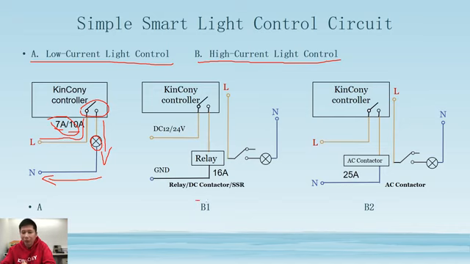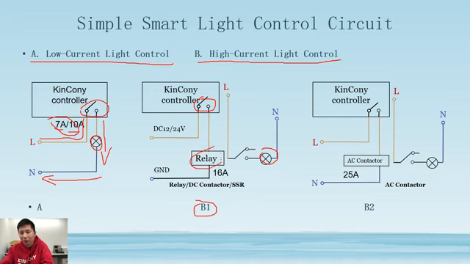And let's look at B1. This B1 is for the high current lamp control solution. You can see this time the KinCony controller's relay is not controlling the lamp directly. It is connected to an external relay.